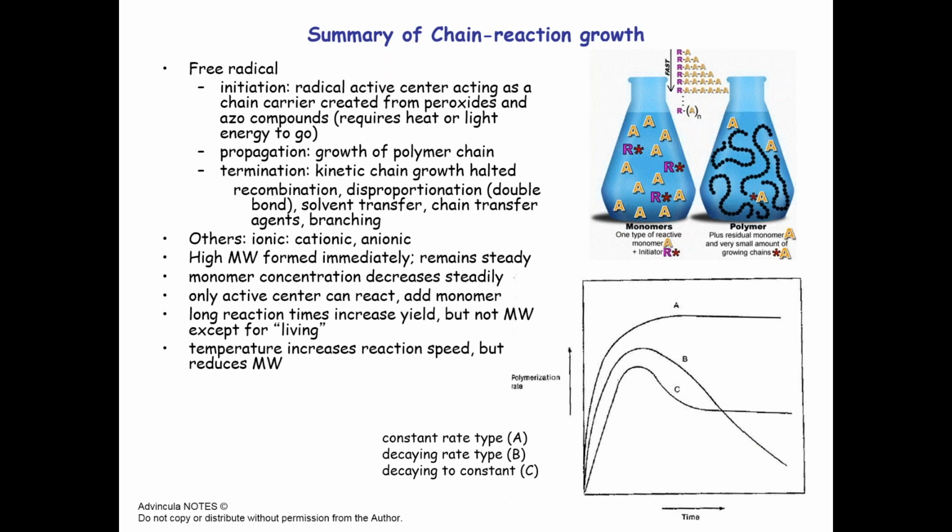And the term living, as you will find later, is reserved for a polymerization which has linear relationships of conversion, monomer initiator versus time, monomer concentration versus time, and also the ability to form block copolymers or macroinitiators.